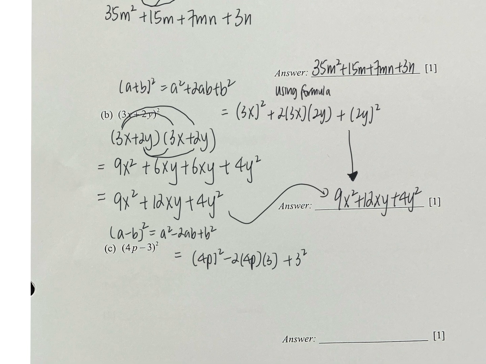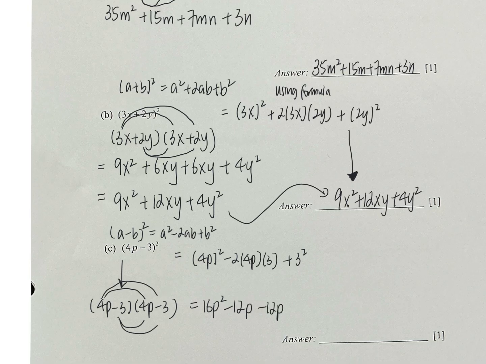If you don't like, you can write this 2 times, the same thing 2 times. So 16p squared minus 12p, minus 12p plus 9. So the final answer is this. Both of them will give you the same final answer.